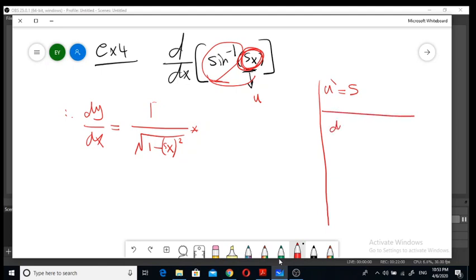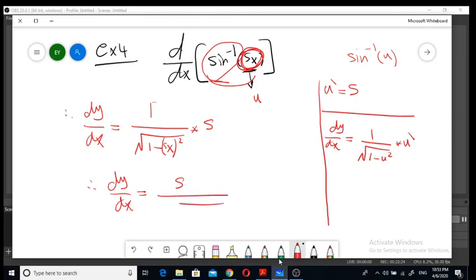We have to remember that for the composite function sine inverse u, dy by dx will be 1 over square root of 1 minus u squared times u prime. So it will be 5. Then we can simplify. Dy by dx is equal to 5 over square root of 1 minus 25x squared. And this is the final answer.